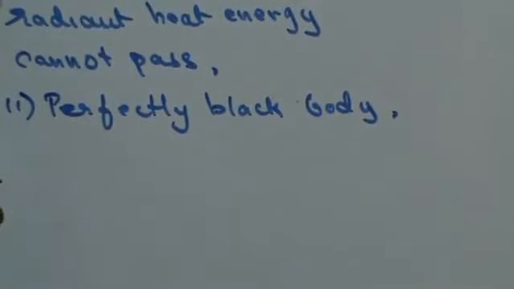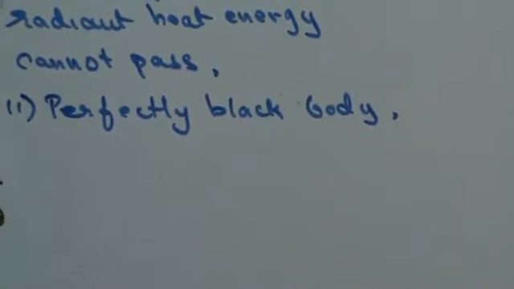Now, what do we understand by a perfectly black body? Black surfaces are found to absorb a fairly large quantity of radiant heat energy. They are good absorbers of radiant heat energy and have a very high value of a. For example, most black substances have more than 90% as their value of a.